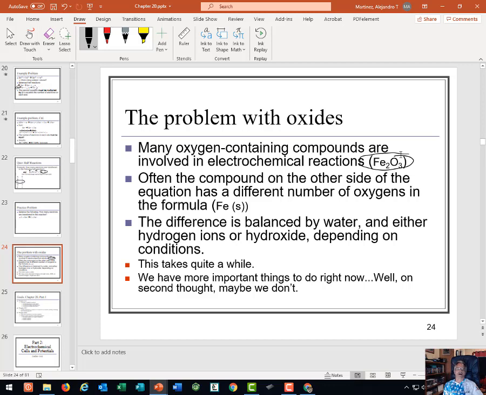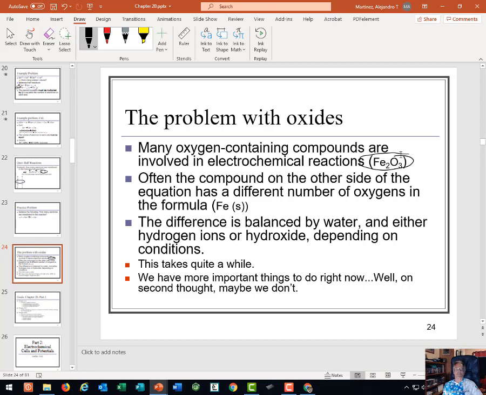So often the compounds on the other side of the equation have different numbers of oxygens in the formula, and so we're going to use the same half reaction method to balance redox reactions, but it has a few more steps.